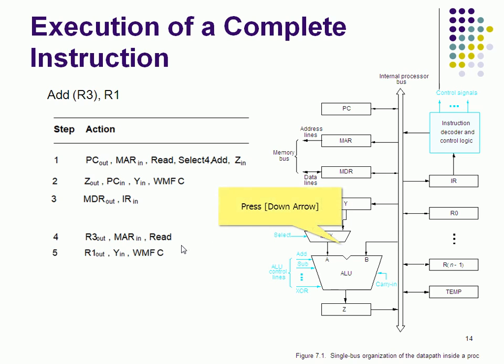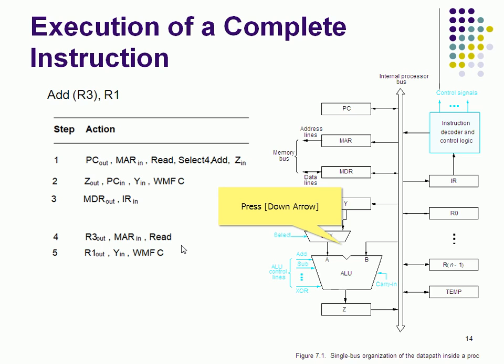So R1 out, Y in. That is the other register value, which we have to add with the contents of R3, right? R1 out is planning to rush into the ALU through the Y junction. Then wait for memory function completion.